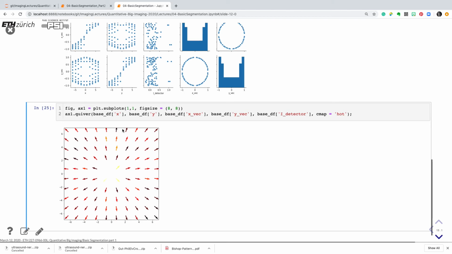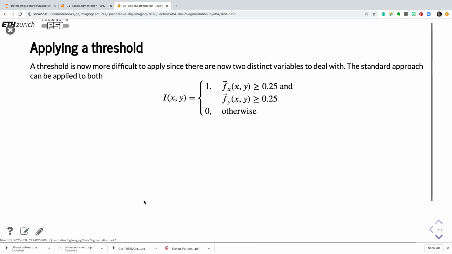And if you just would plot the x and y vectors, you would see a vector field like this. And what is also added here is the intensity of the detector, marked as the color of this vector field. And applying a threshold to this kind of data, you have to put some model knowledge into it.